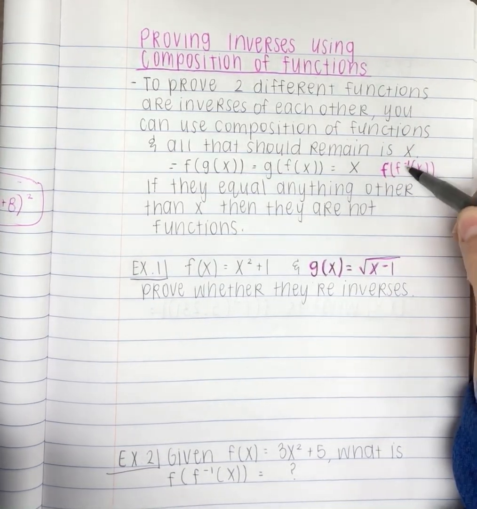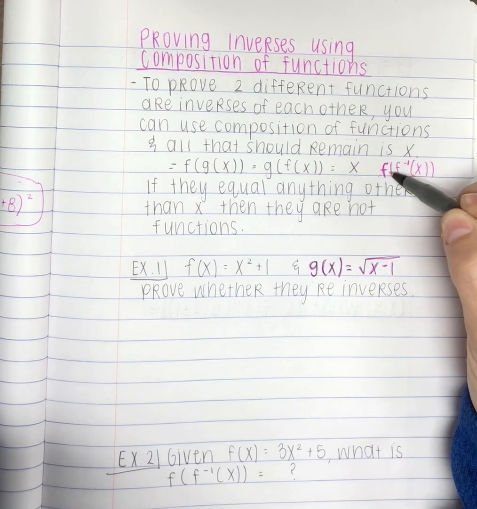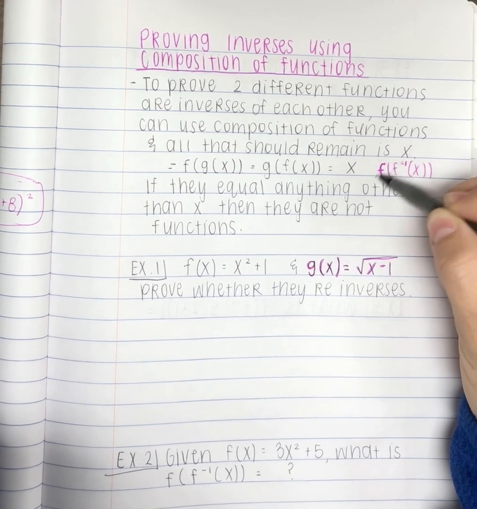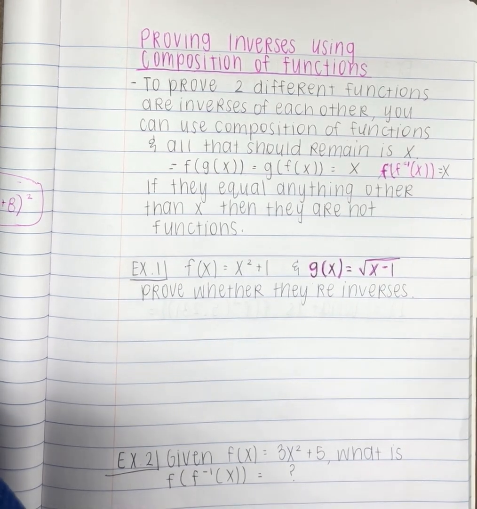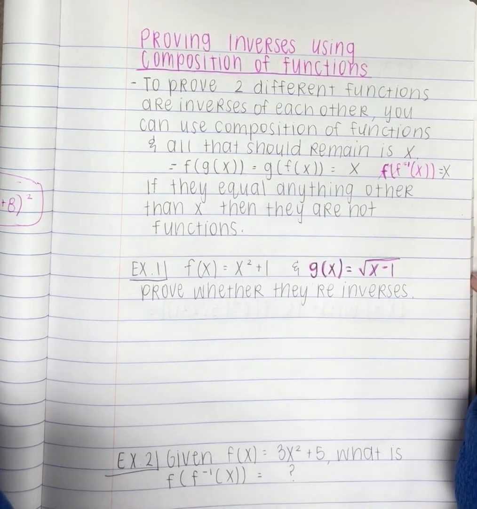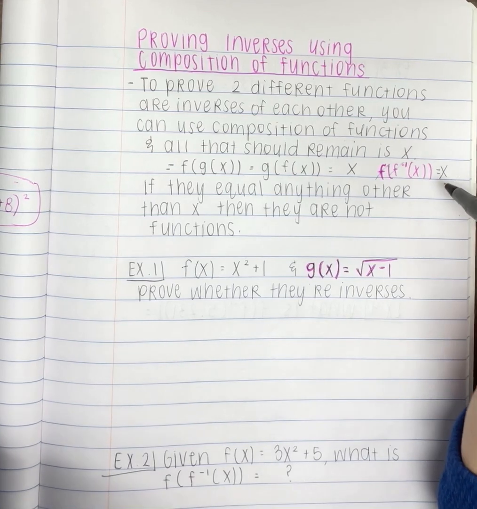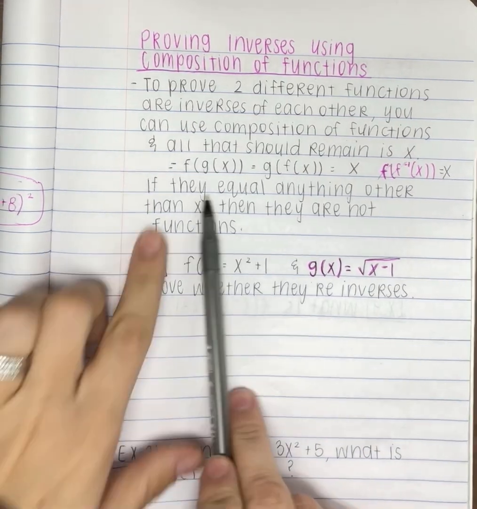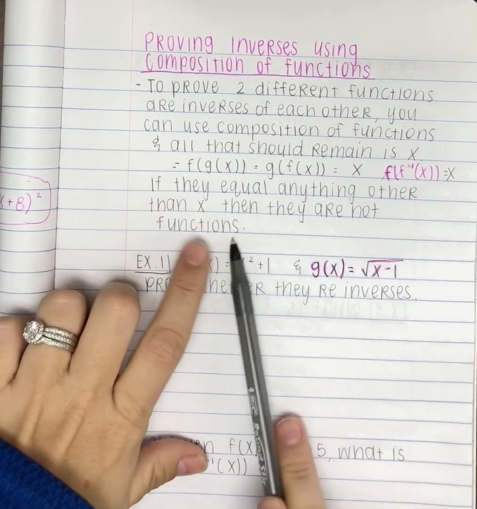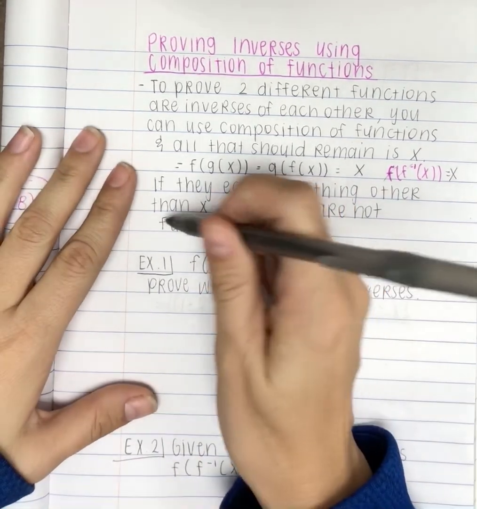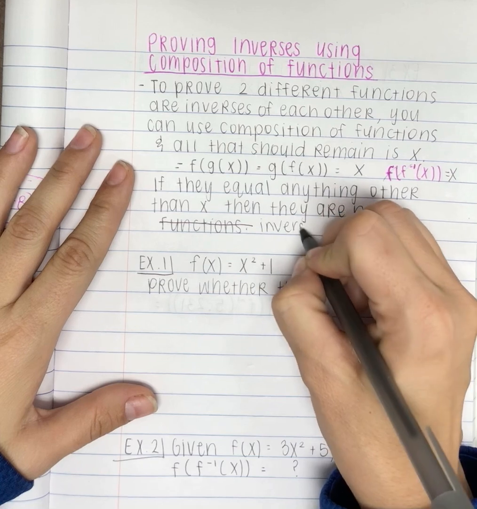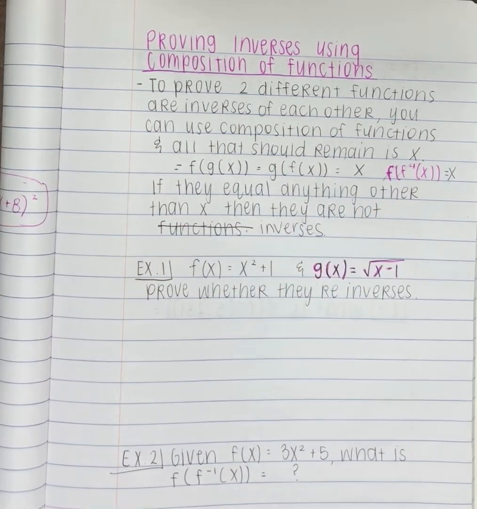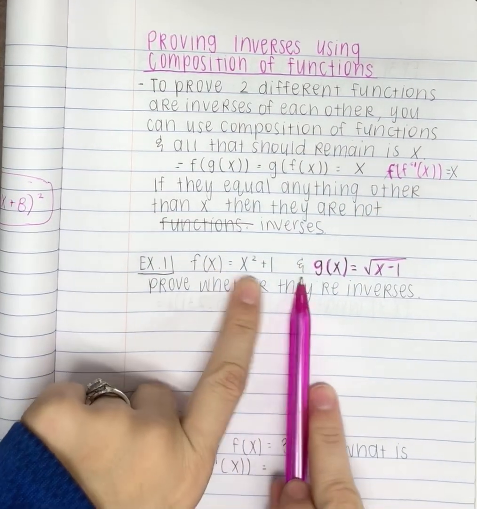The f function and its inverse function, everything would end up canceling except for just x, okay? So it would equal x is our answer. So that's what we're looking to see. If they equal anything other than x, then they're not inverses, okay?